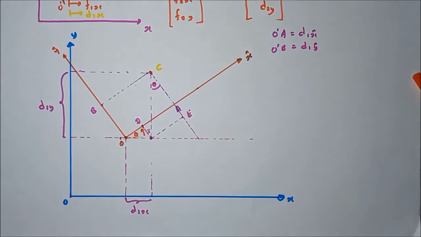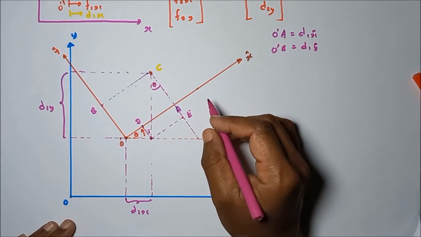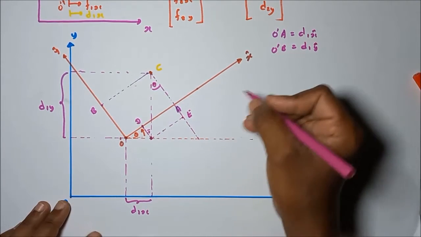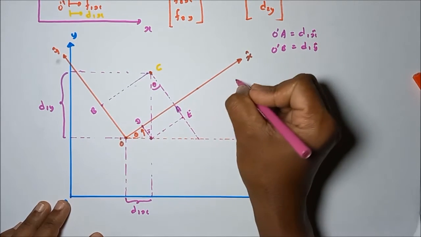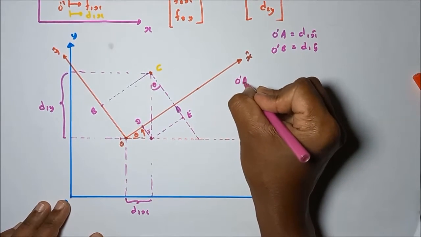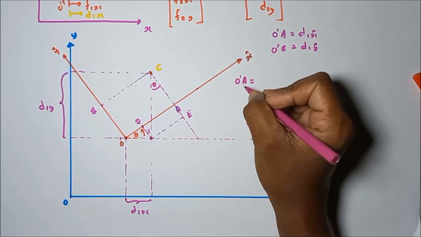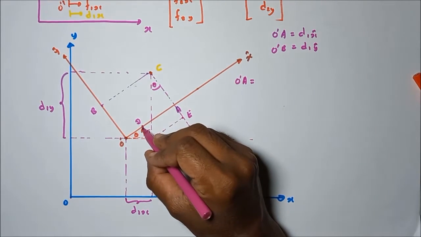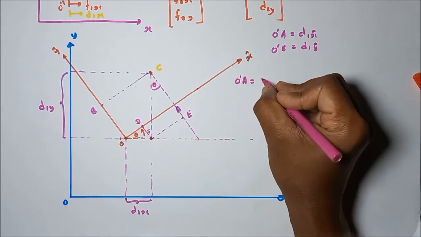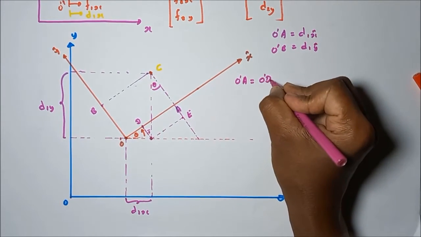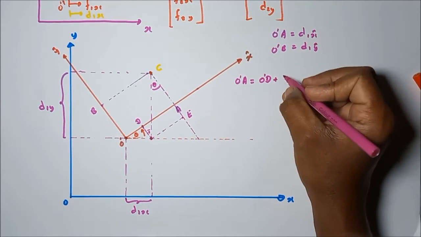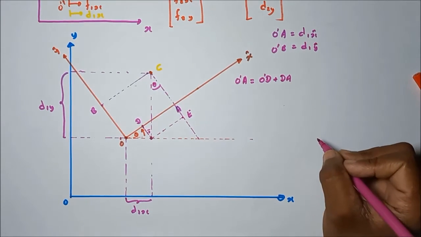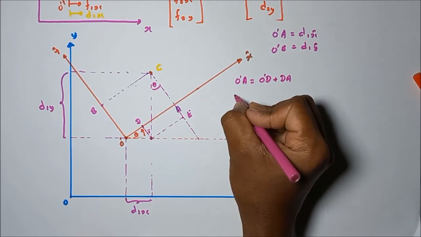Then we can write this equation. O dash A is equal to O dash D plus dA. What is that value?